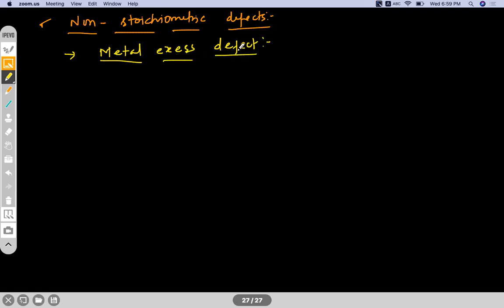The other one, remove anions from the crystal, that is anionic vacancy. Write down: in this type, metal ions or cations are in excess.